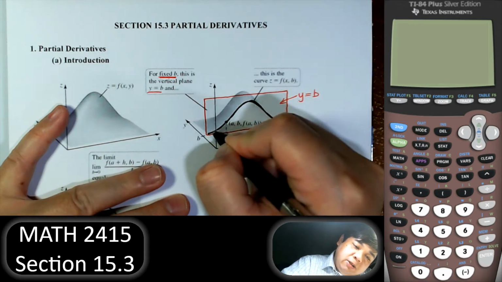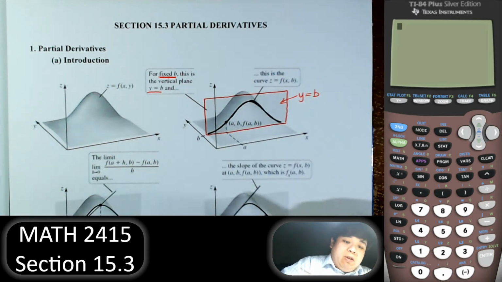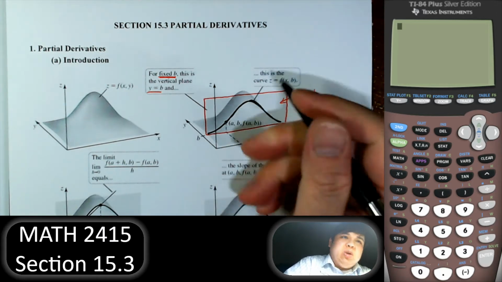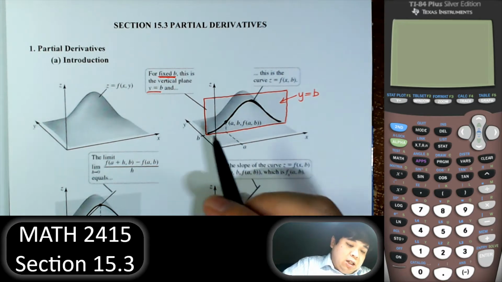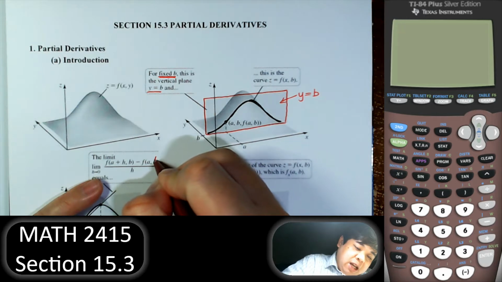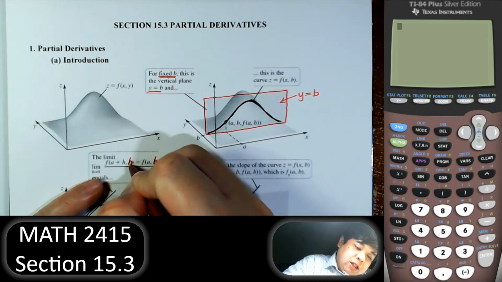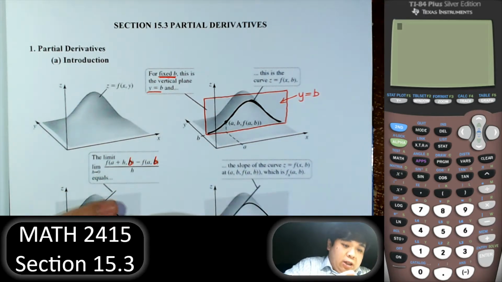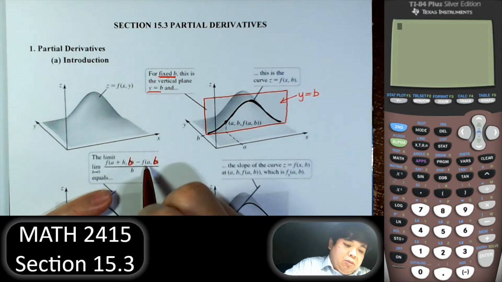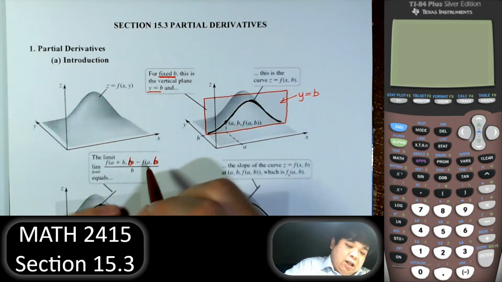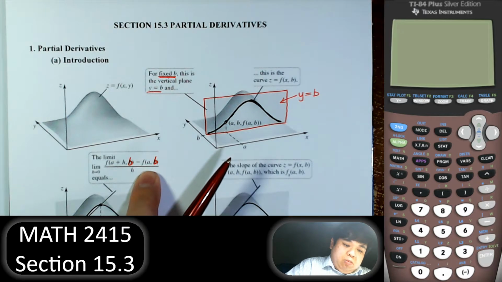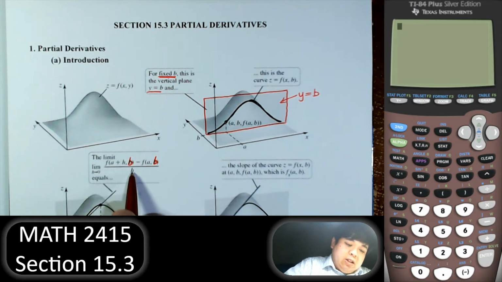And on that curve, we can define the derivative as the slope of the tangent line at the point. So this is just like Calculus 1, but we define it like this. And once again, we're going to keep the second component, the y coordinate, to be b, which is constant. So we only change x, and define this just as the difference quotient, and take h going to 0.